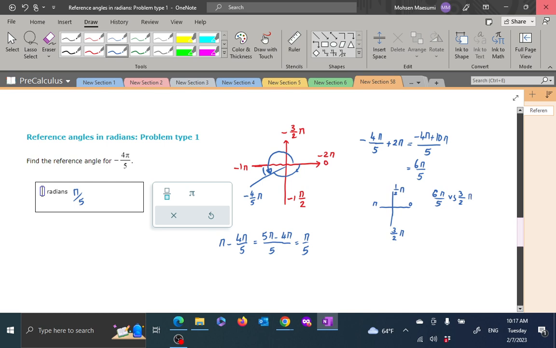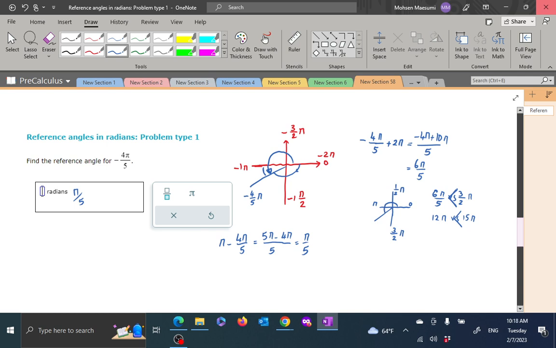Multiply by the common denominator, which is 10. This becomes 12 pi. This becomes 15 pi. So 6 pi over 5 is smaller, because 12 pi is smaller than 15 pi. That means I'm not reaching 3/2 pi. I'm stopping somewhere here. So that is my angle.